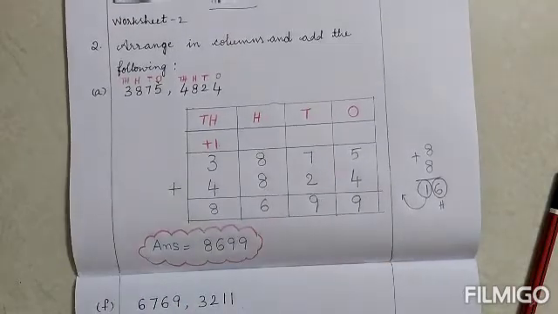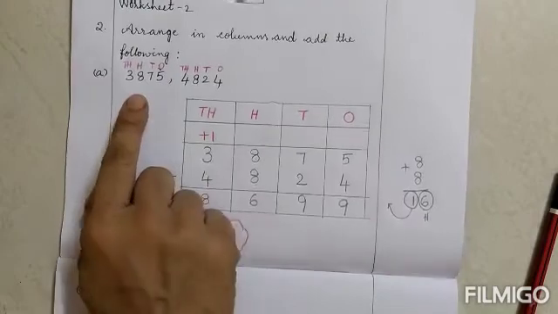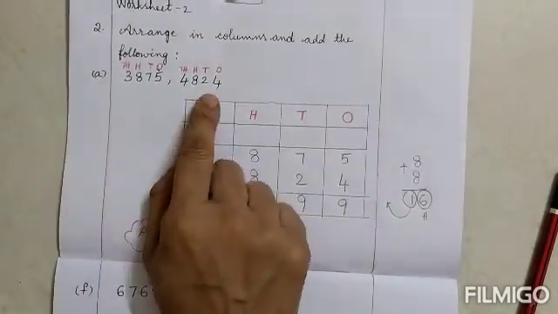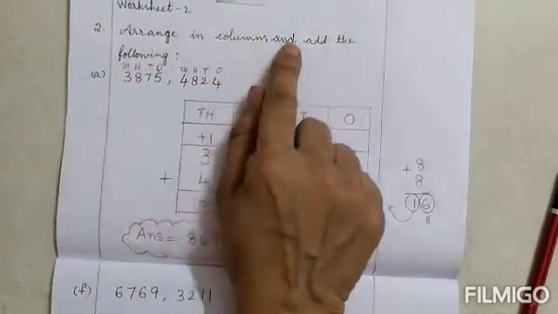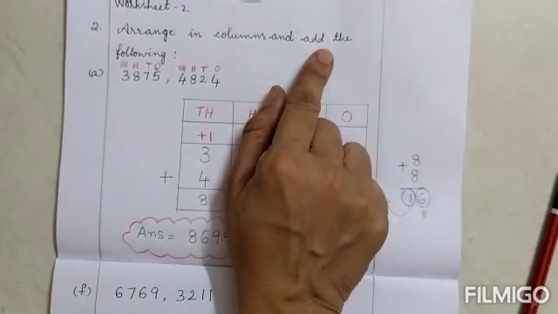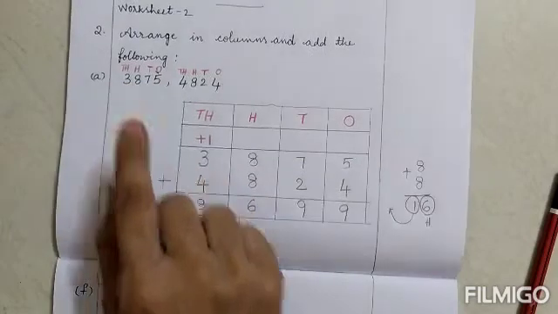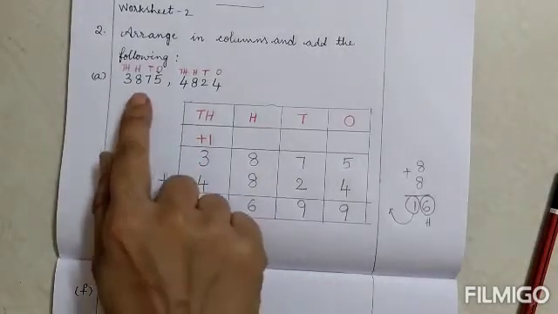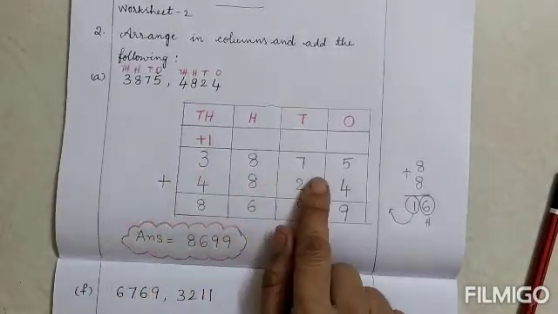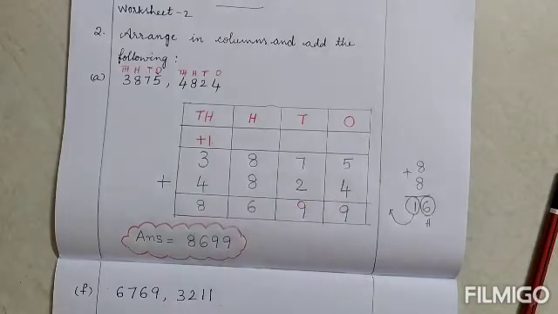What we did here, children: first, whatever numbers we are getting, you have to arrange in columns, then you can add. First you have to write the place values for the numbers. According to the place values, you have to place the numbers in your tabular column.